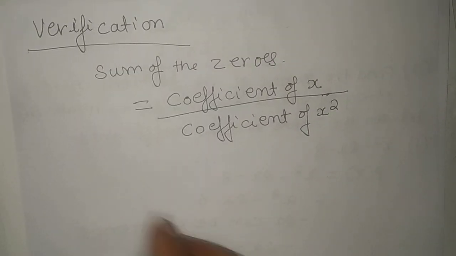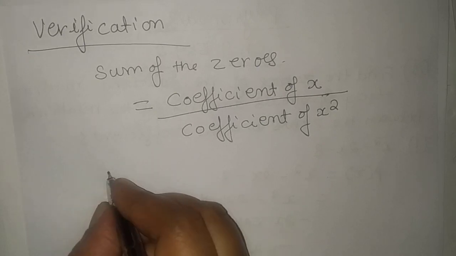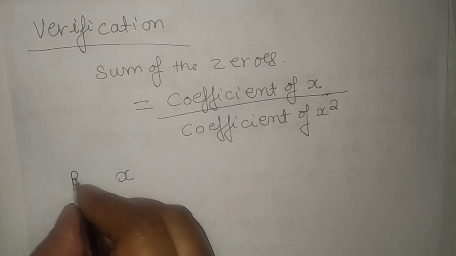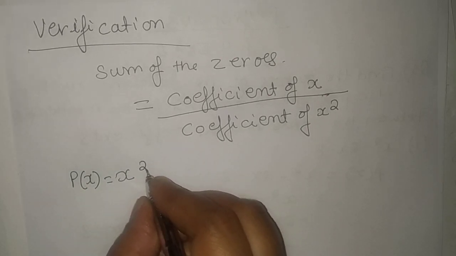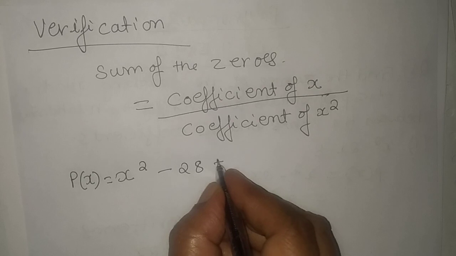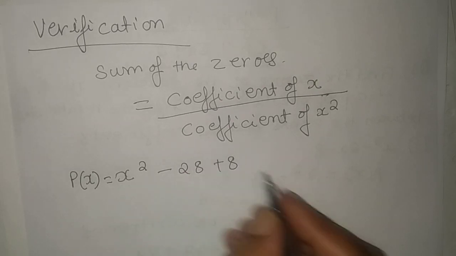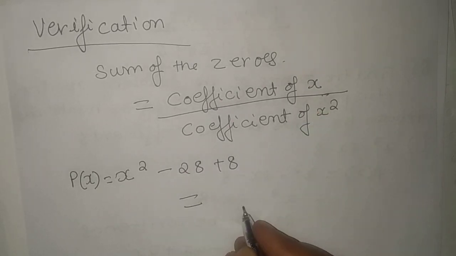Now we'll see what was the equation given, that is p of x is equal to x square minus 2x plus 8.